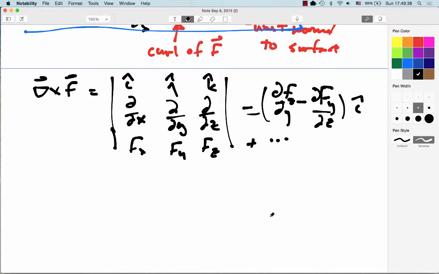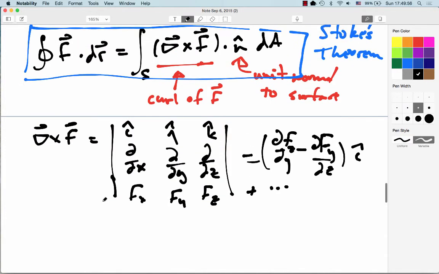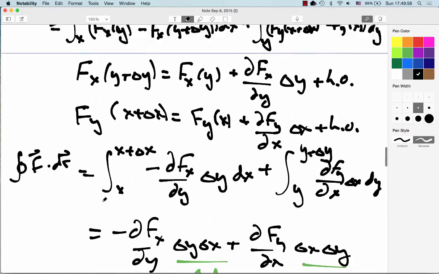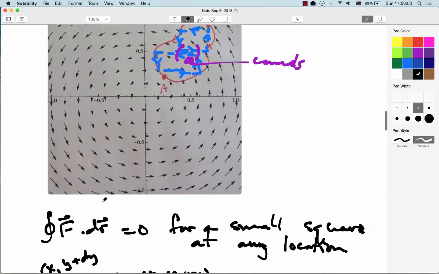So in a certain sense, what it's doing is telling us how a vector field is, say, quote, rotating or, quote, circulating. The picture that I always imagined was if we imagine sticking a paddle wheel in, it would tell us which way the paddle wheel would spin.